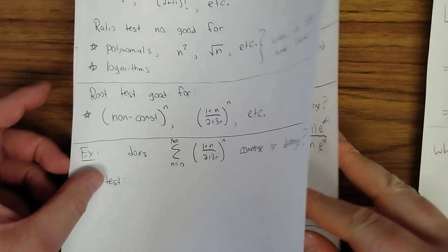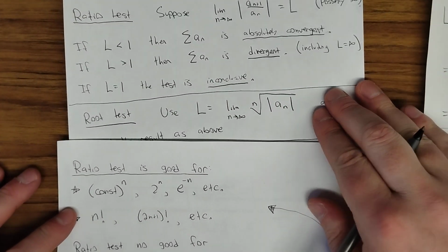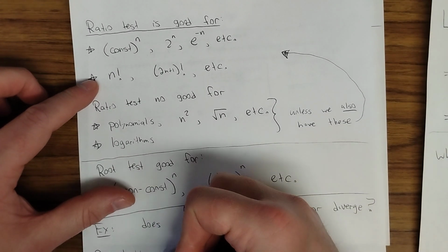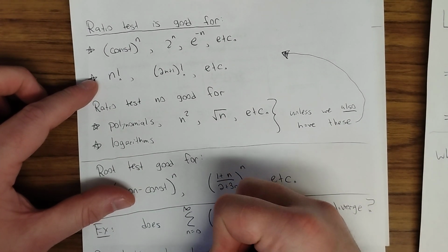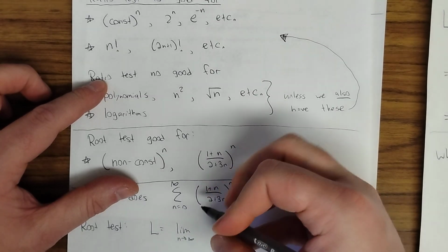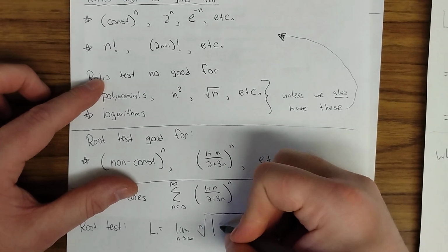We use the root test. So L is this thing: the limit as n goes to infinity of the nth root of the absolute value.